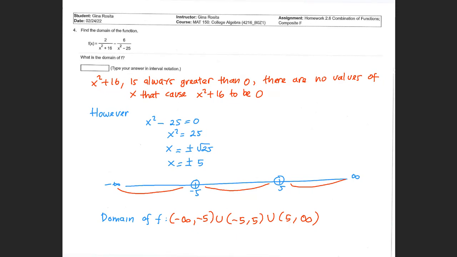Now go to number 5. Now find the domain of the function f of x equal to the square root of x plus 8. Okay, it contains an even root. Be careful, there is a square root over there.